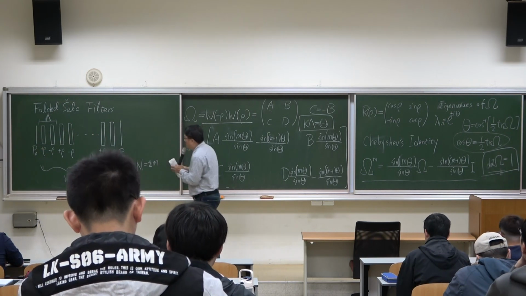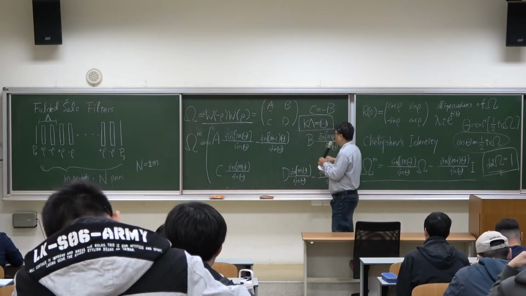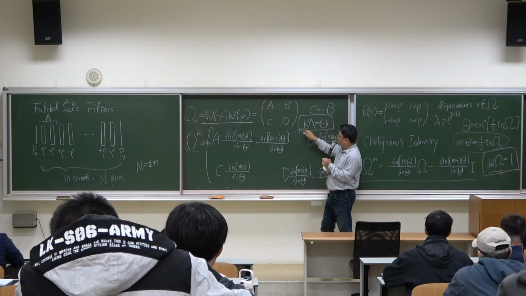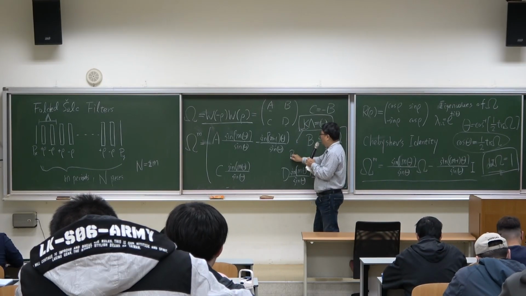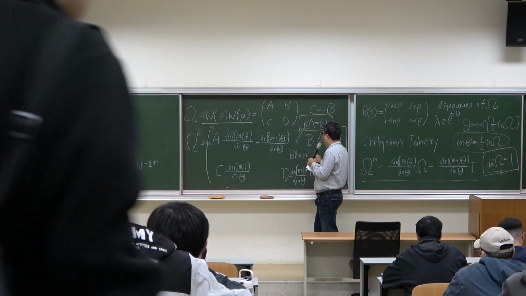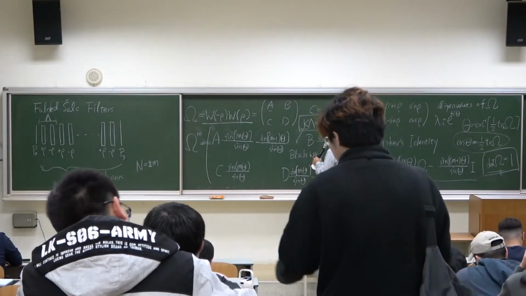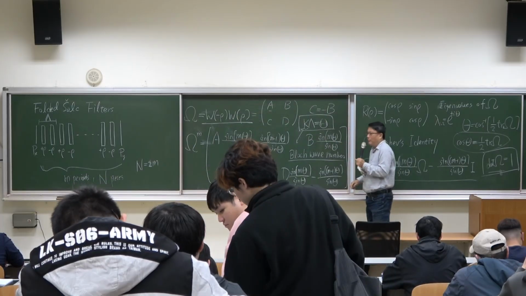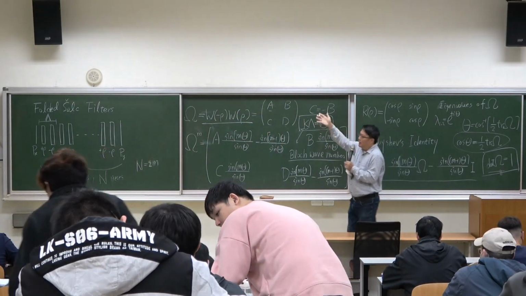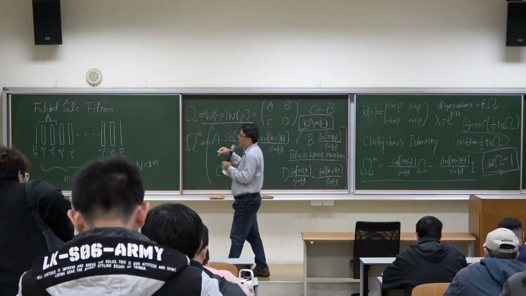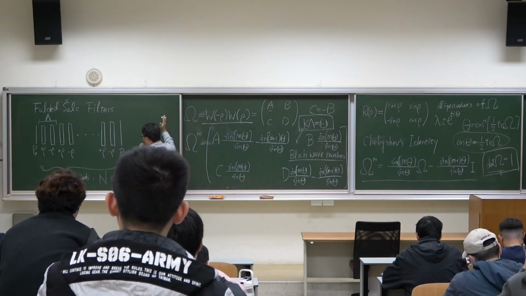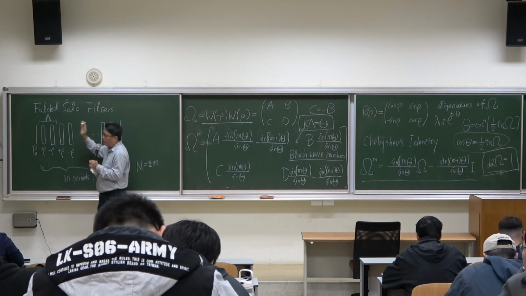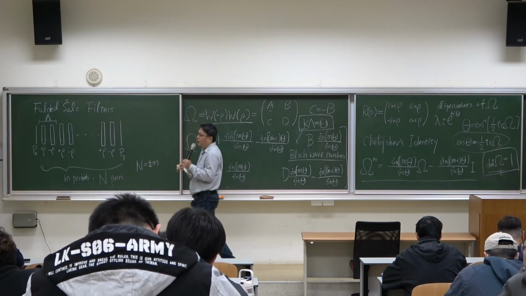Okay. Then you can introduce some kind of wave number. This wave number is the so-called Bloch wave number. Why call it Bloch wave number? Because in a periodic arrangement, waves or polarization states evolve according to the so-called Bloch theorem.